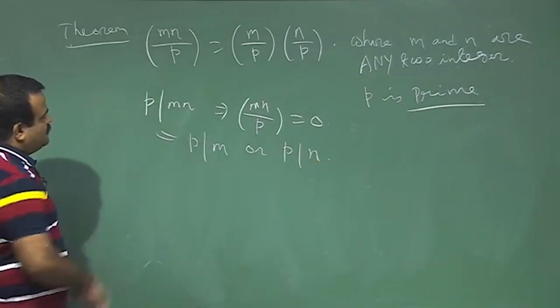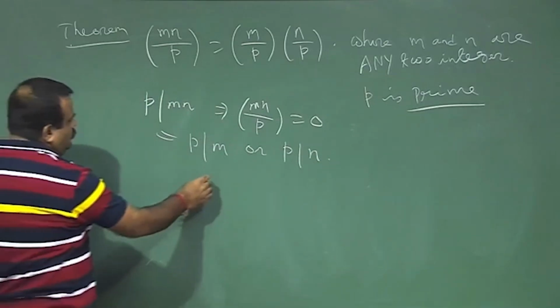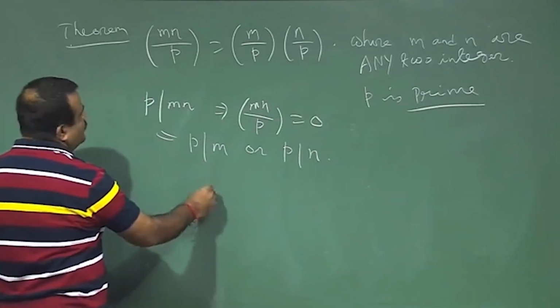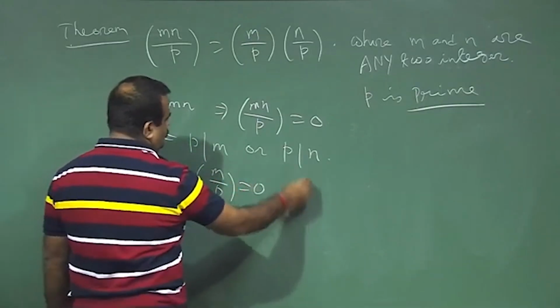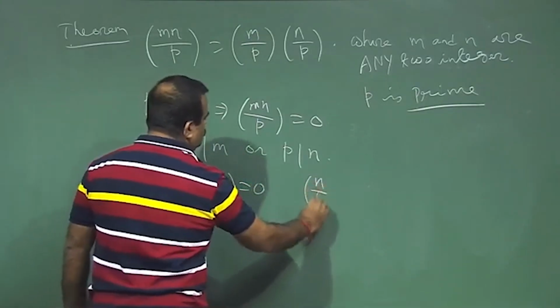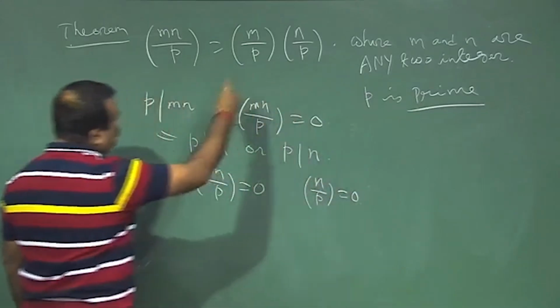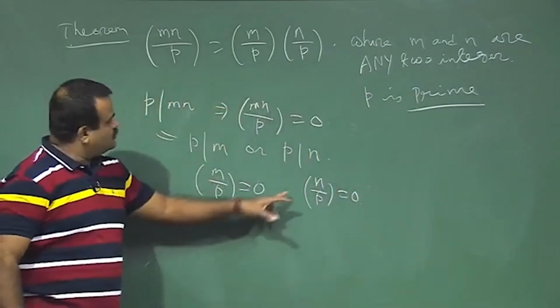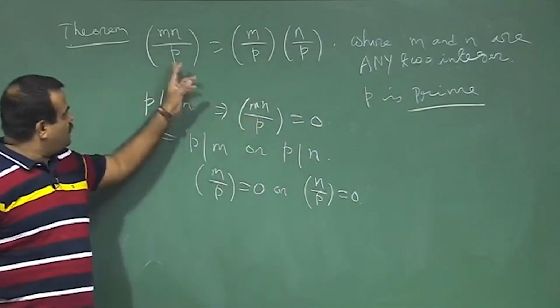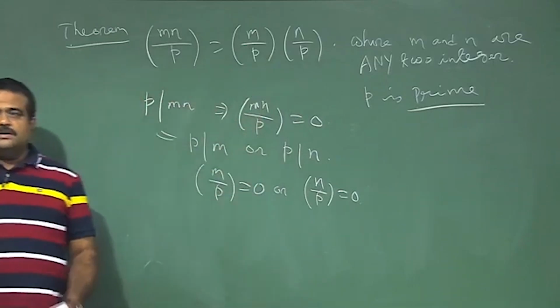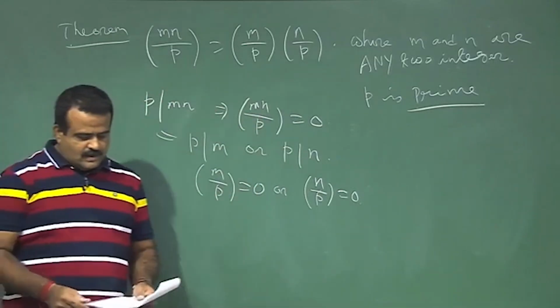So, if P divides m, then this is 0, or this is 0. In any case, either of these two is 0, so this product is 0 and we have 0. So, this is the case when P divides mn.